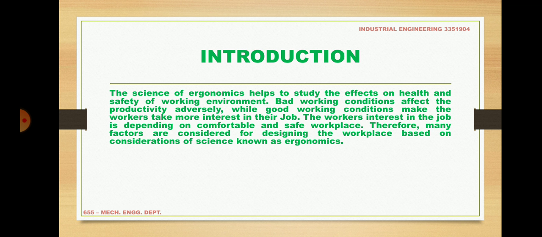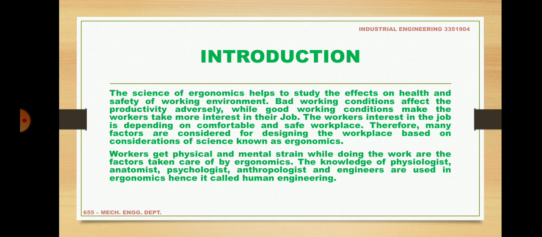The worker's interest in their job depends on comfort and safety. Whichever type of work the person can do depends on it being comfortable and safe. Therefore, many factors are considered for designing the workplace based on consideration of science known as ergonomics. So for designing the workplace, the science used is also known as ergonomics.